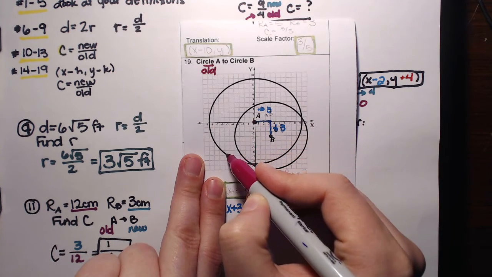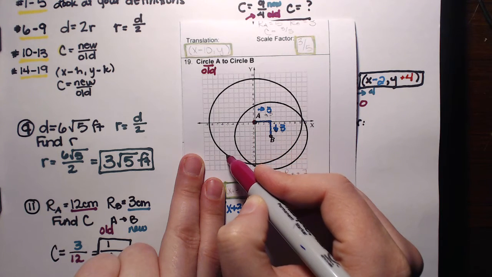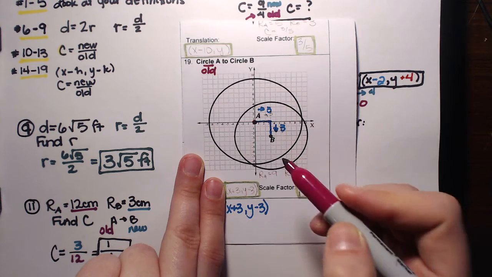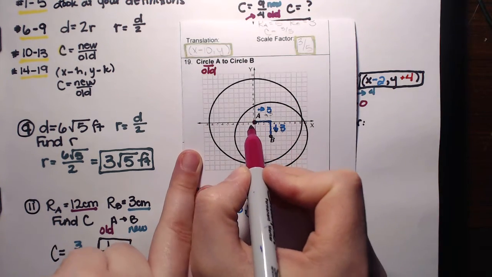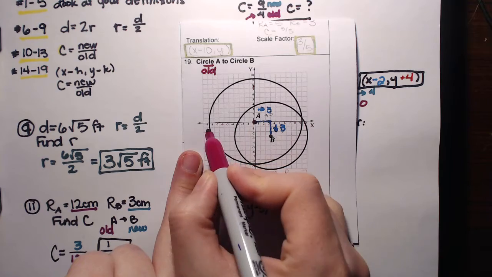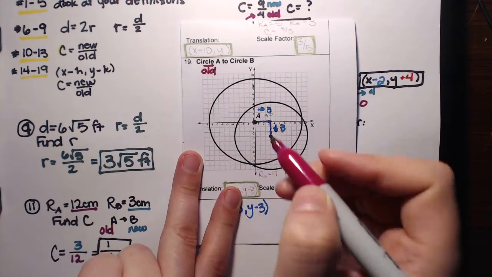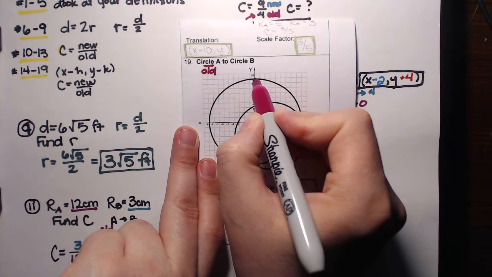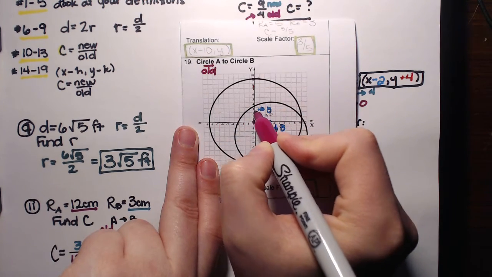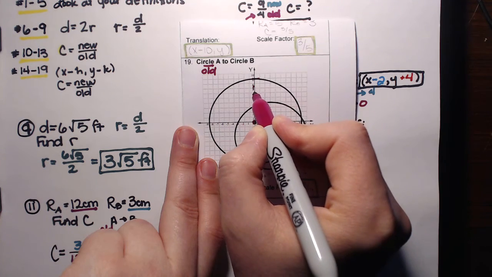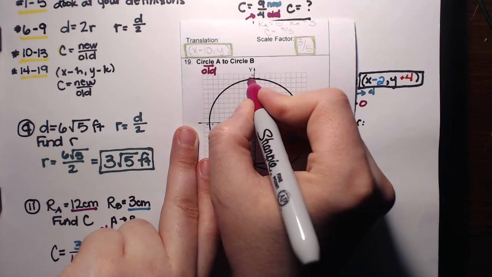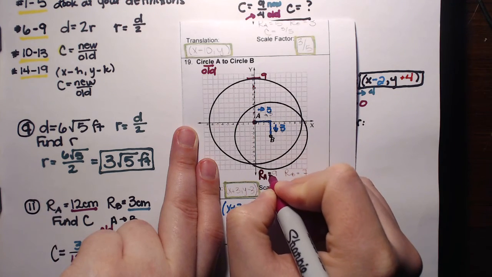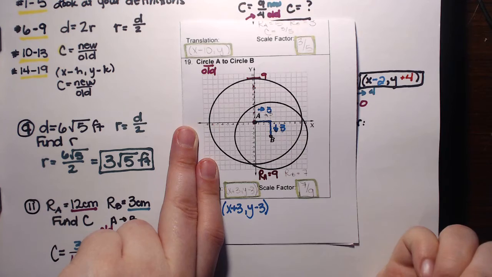Now counting this way is not going to work because I don't know what the distance here is because I'm kind of slanted. So I'm actually going to count either up or sideways. I'm going to try to use the lines. And I'm actually going to use from 0, since it's at 0, to here. So 1, 2, 3, 4, 5, 6, 7, 8, 9. So the radius for the A circle is 9.